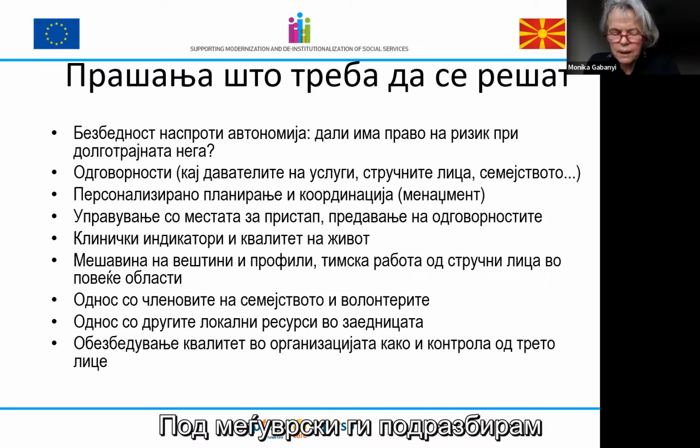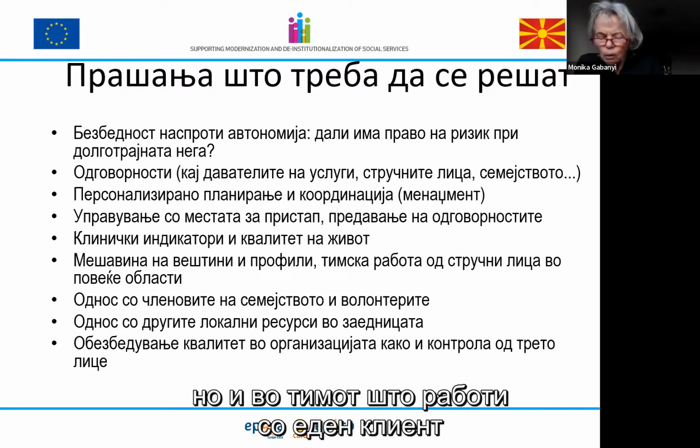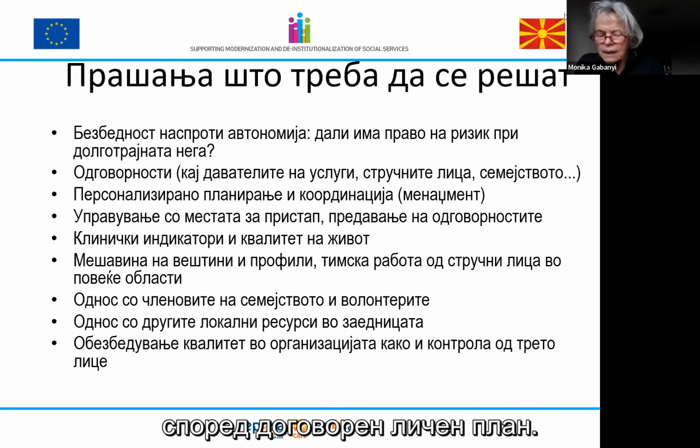And when I speak about interfaces, it means, for example, between the social and health sector, but also among the team working with one client, following an agreed personal plan.